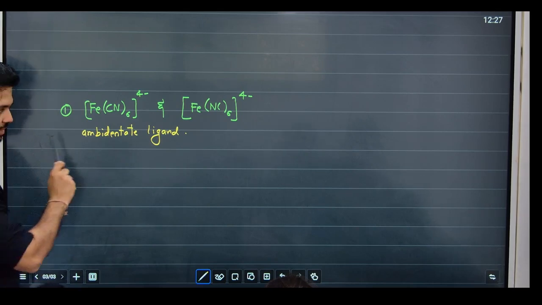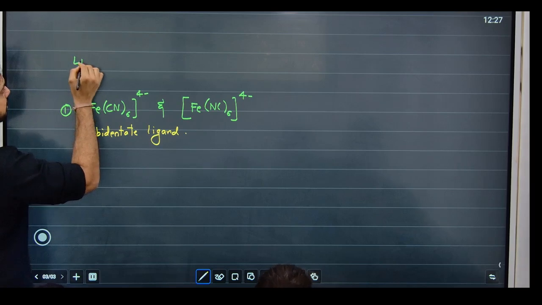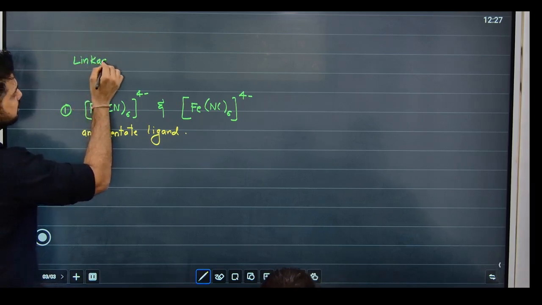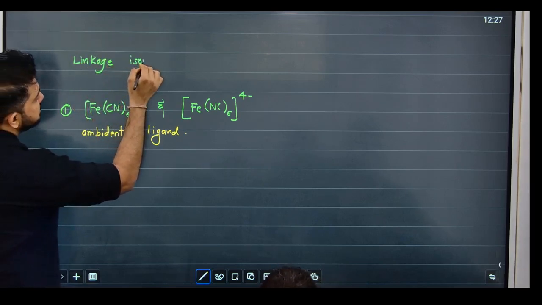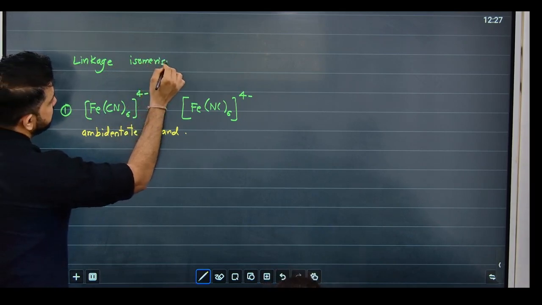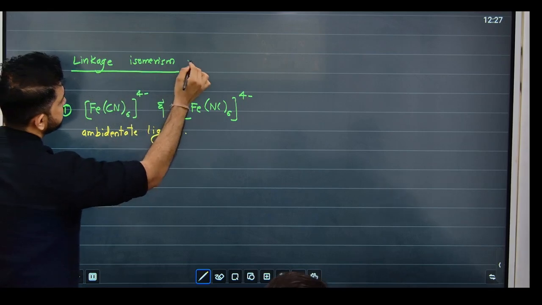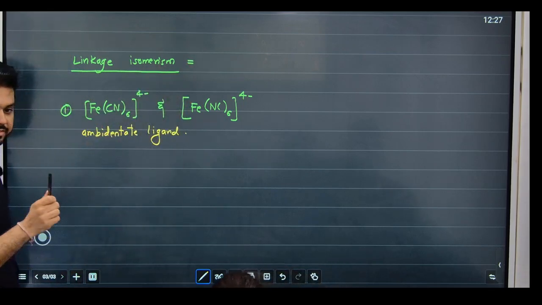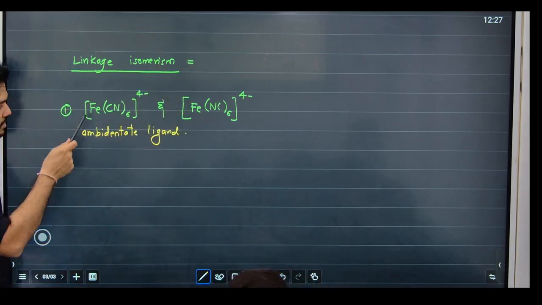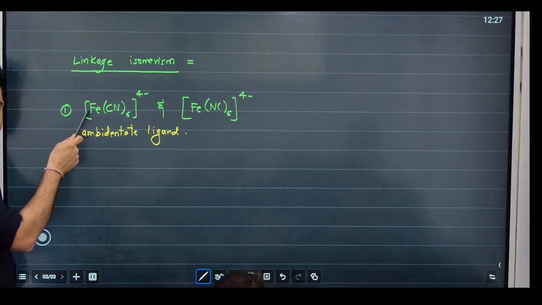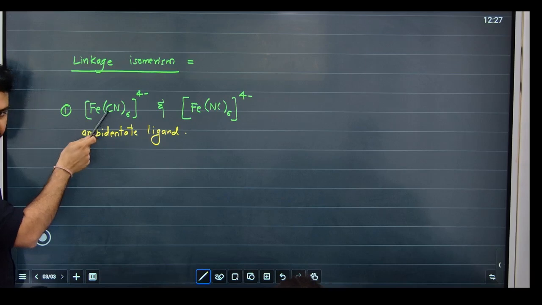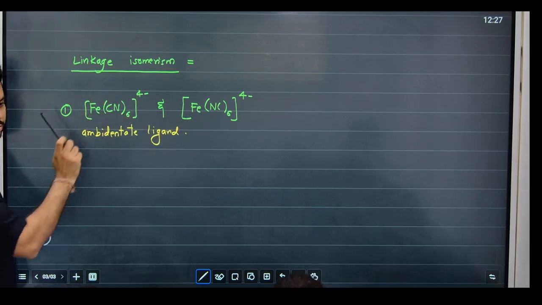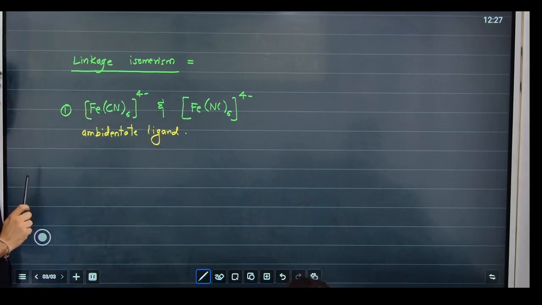Yes or no? These are called as linkage isomerism. Now this is observed in case of ambidentate ligands, where the central atom is bonded to here carbon of the cyano, but it is bonded over there to nitrogen. Did you get that?